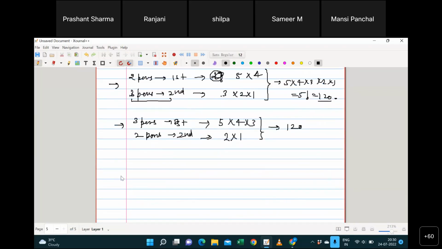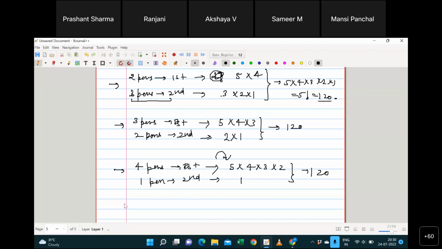Now what is the remaining case? 4 pens in the first and 1 pen in the second, right? Tell me the number of ways. 5P4, that means 5 into 4 into 3 into 2, and that will be 1. Again it will be 120, right?